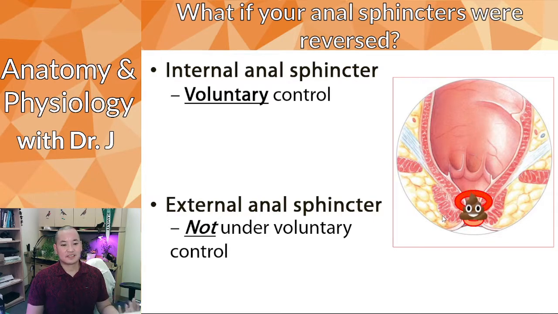But if the external anal sphincter was not under voluntary control, as soon as something hits this area between the internal and external, it will release, theoretically in this example. So say you did relax your internal anal sphincter and there was something left over here. Well, the external anal sphincter is going to detect something there, so you would not have control of anything that ends up between the two anal sphincters. So it's good that we do have control at the last minute, because why?